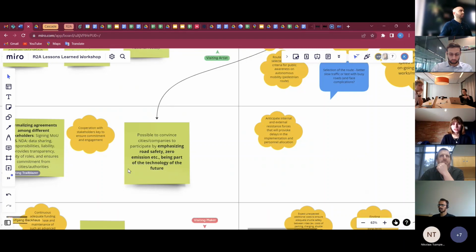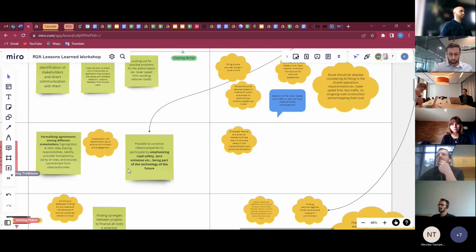This is how the stakeholders can be more involved and committed, and the collaboration would be way better.